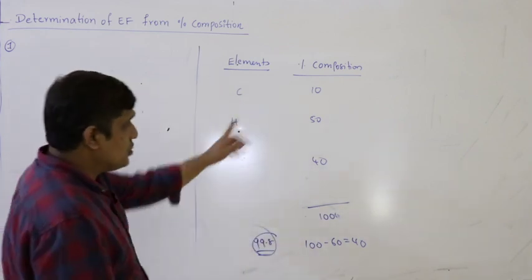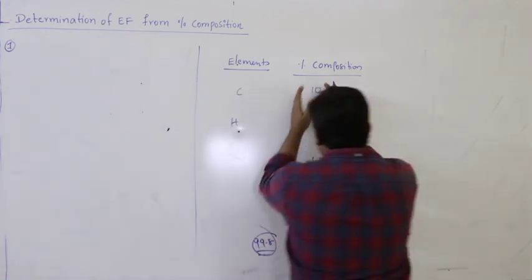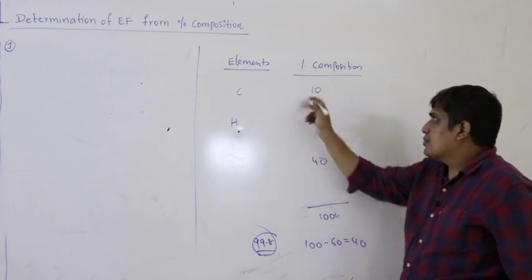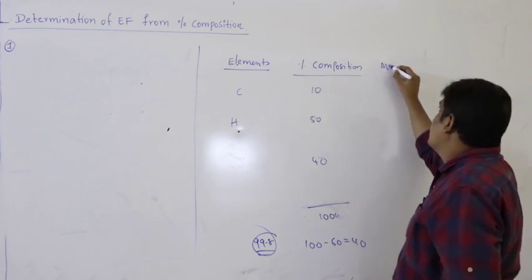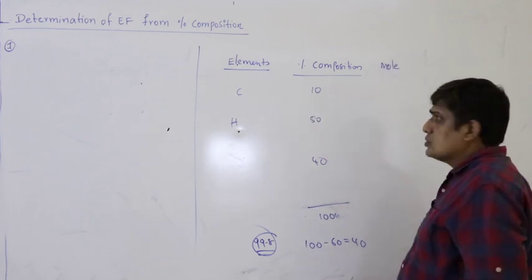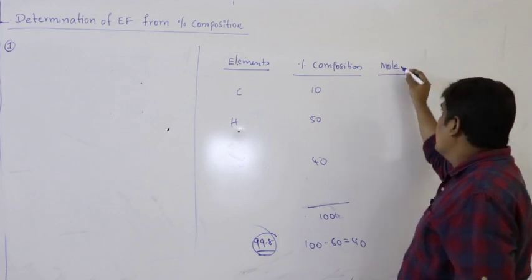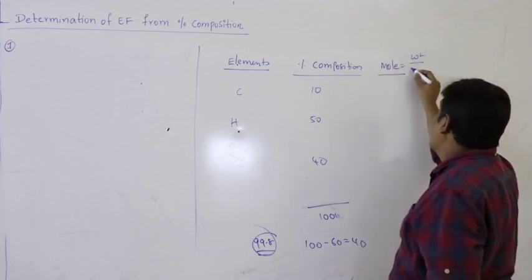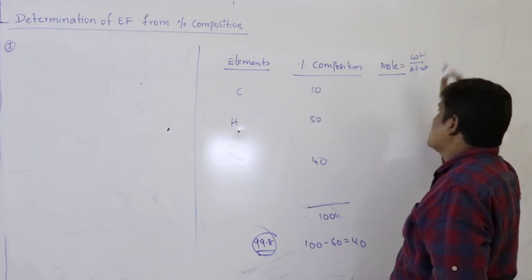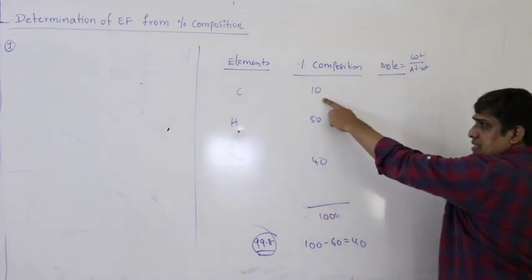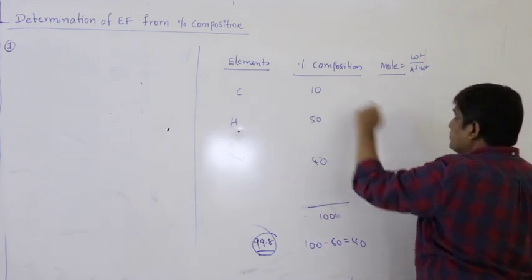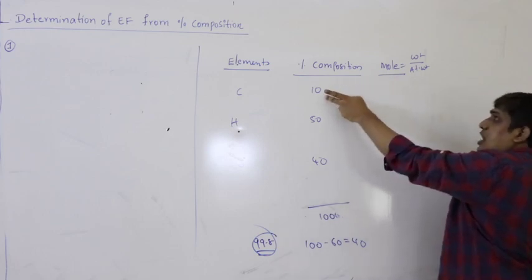Once you get this, next divide the percentage composition of the respective elements by atomic weight. That means we are finding moles. What is mole equal to? Weight by atomic weight. They are elements, right? This mass percentage is the mass of carbon. Convert this mass into moles.